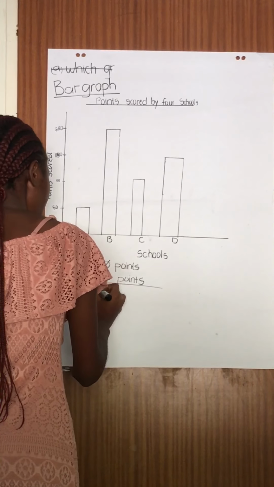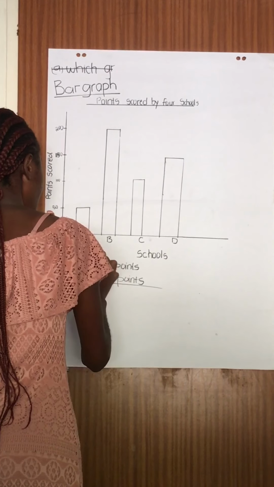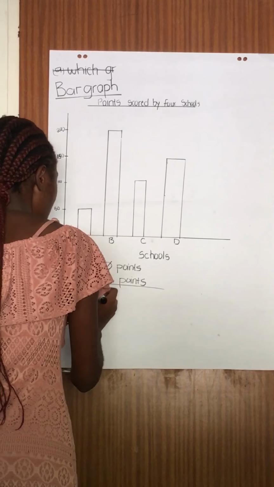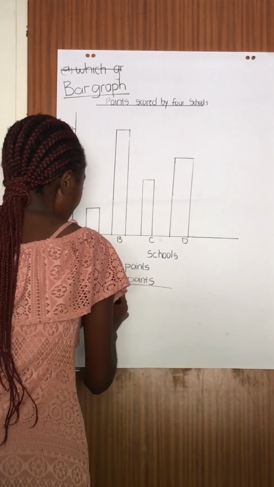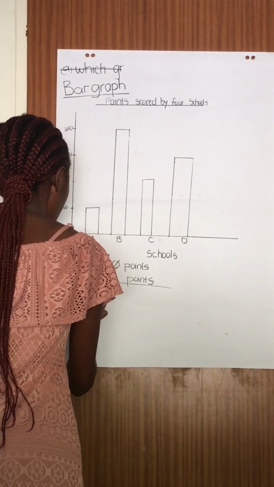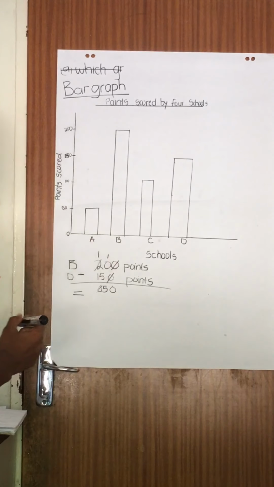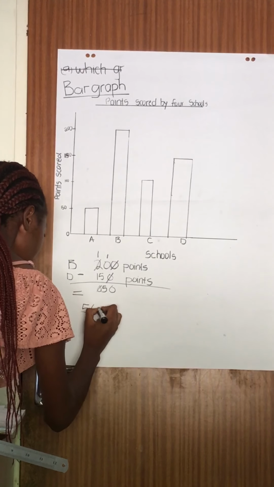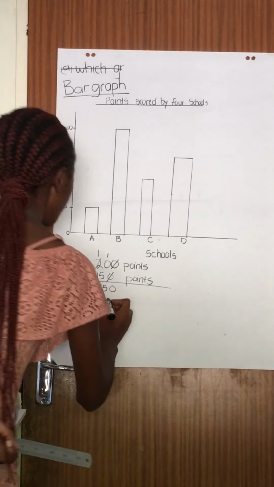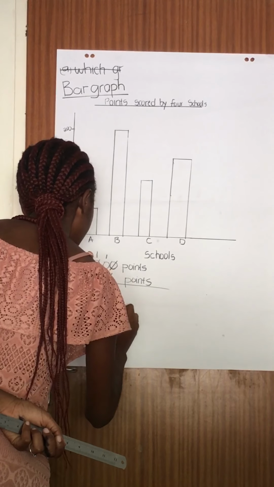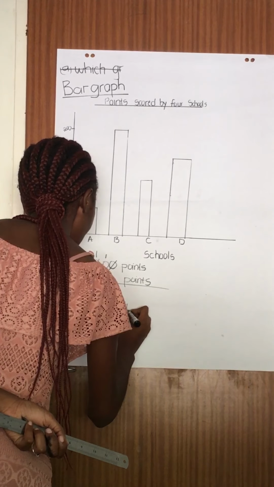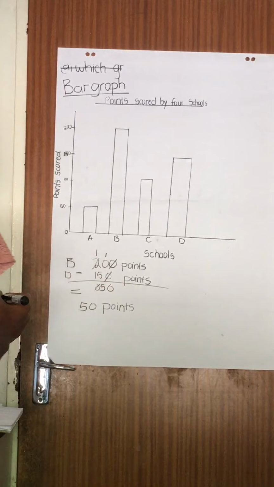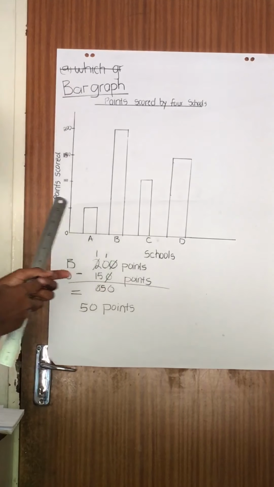Then 10 minus 5 is 5, and you remain with 1 here. 1 minus 1 is 0. So our answer is 50. The difference between the highest school and the second school is 50 points.